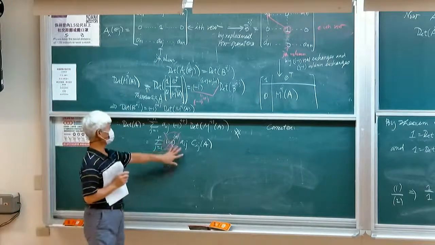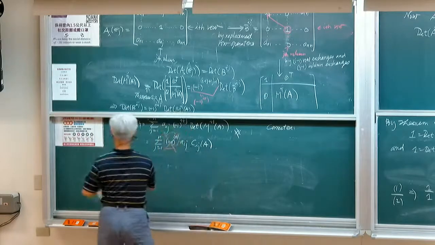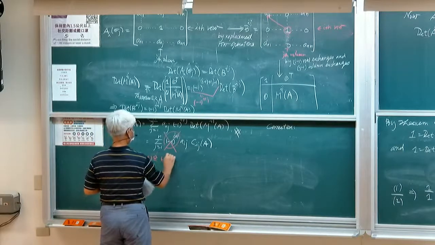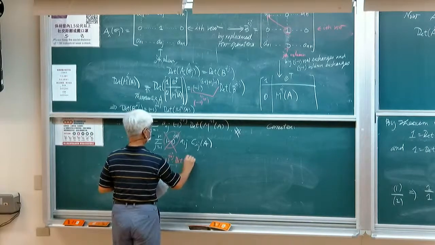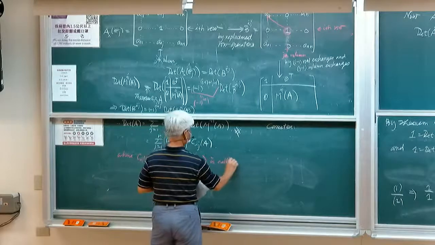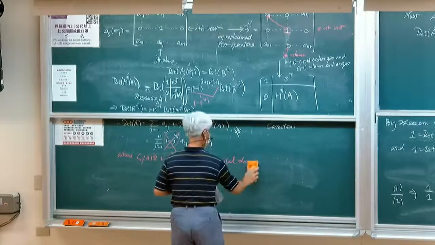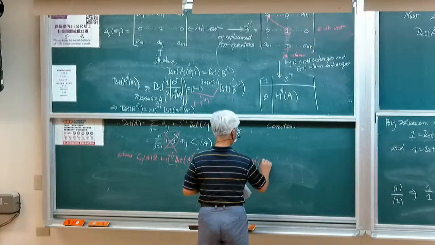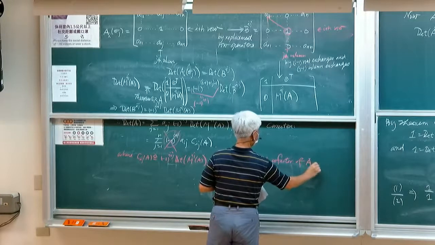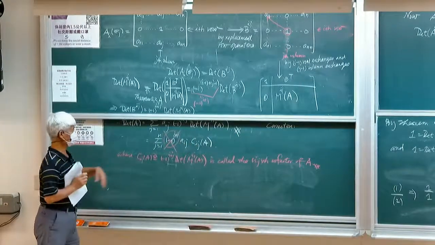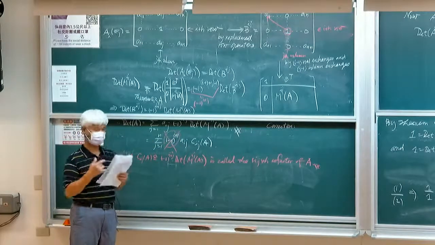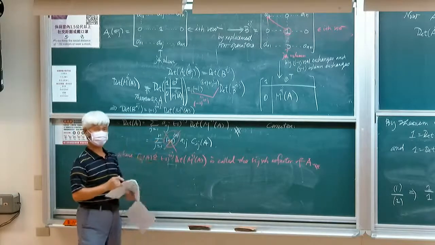So this is actually defined to be, it's called, the ij cofactor of A. All right, so I'm sorry, I forgot to remove this vector. It appeared in my lecture notes, so you have to remove it.